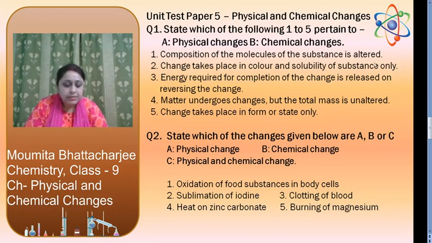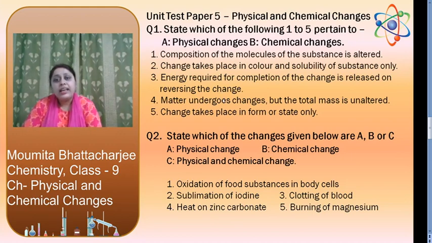It is a chemical change, because only in a chemical change can we see the composition changing. Second, change takes place in color and solubility of substances only. This is a physical change. Energy required for completion of the change is released on reversing the change. It is a chemical change, because in a chemical change, energy is either absorbed or released.